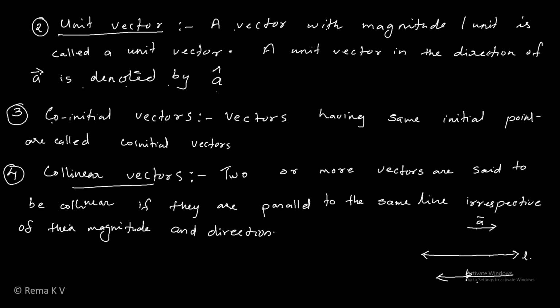But these two vectors are parallel to the same line L. So we can say that A and B are collinear vectors. We do not consider the magnitude or direction, but the vectors must be parallel to the same line.